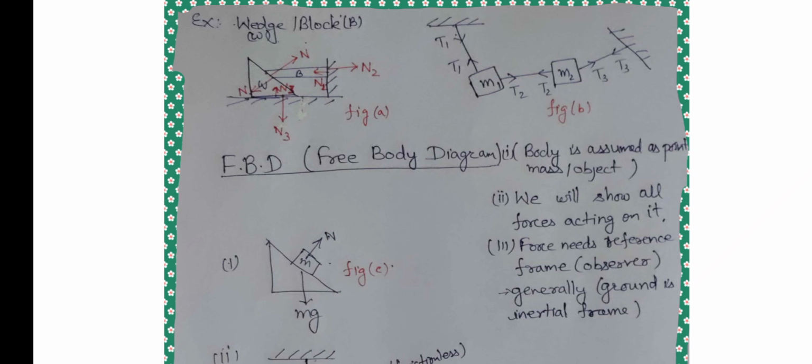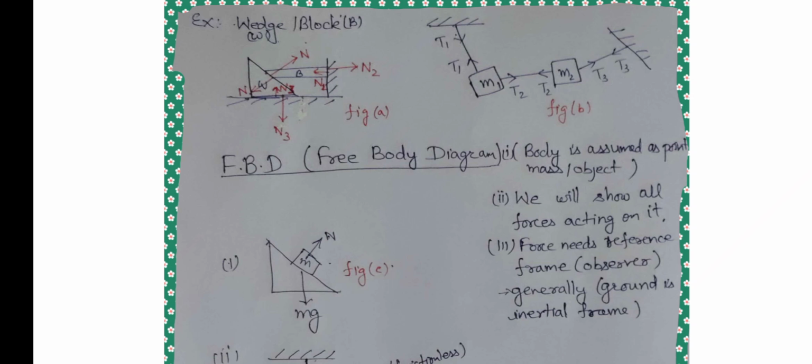This T2 is the direction of the tension for M1, and T1 is the tension at the left side, because it is always taken away from the point object.